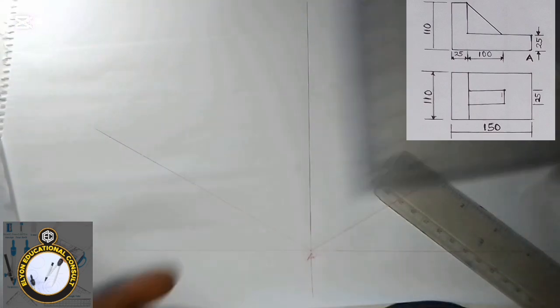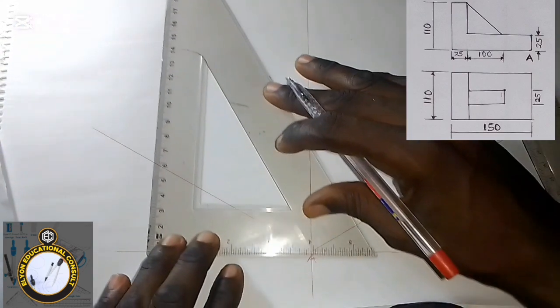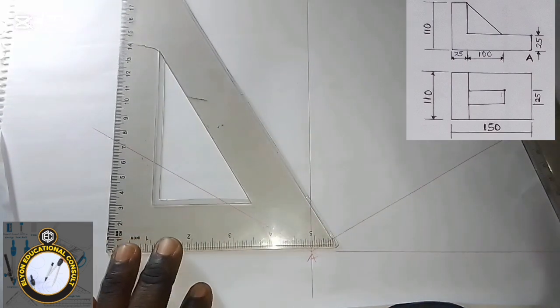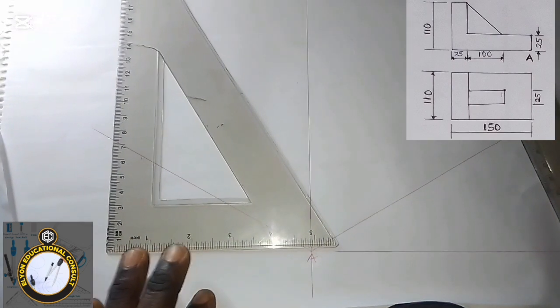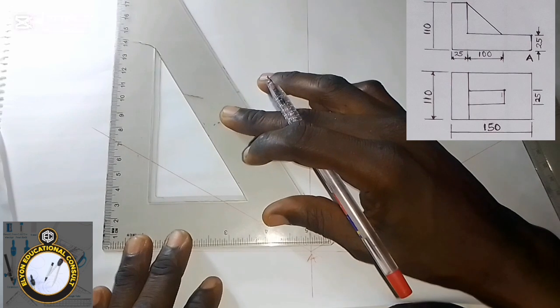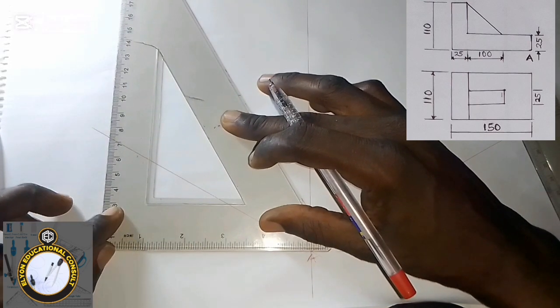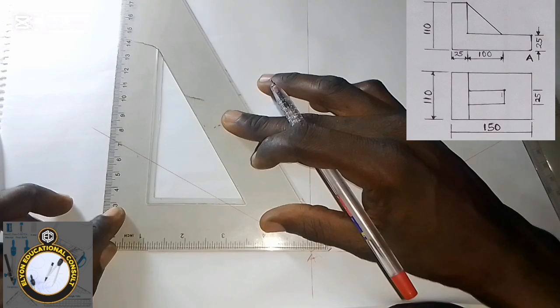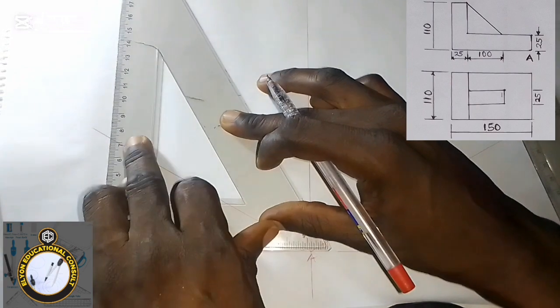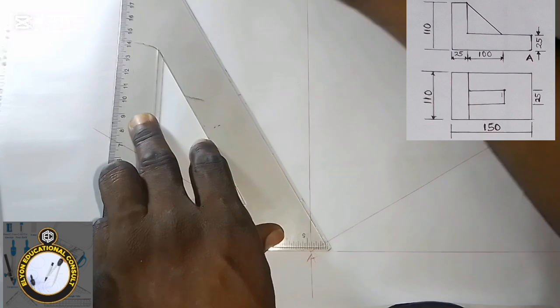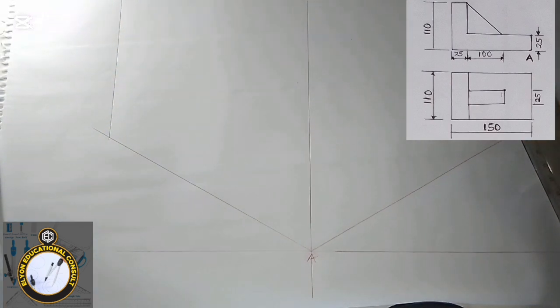The next thing I will do, from that part there, I will draw a vertical, which will go up that way.